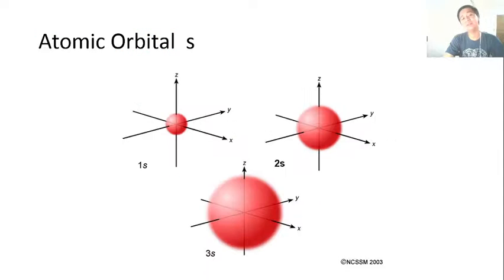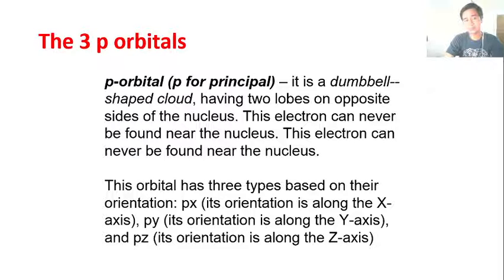While the P orbital, why P? Because P is for principal. Its shape is a dumbbell-shaped cloud, having two lobes on opposite sides of the nucleus. This orbital has three types based on their orientation: px, py, and pz.